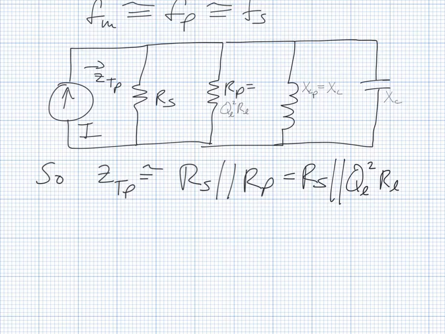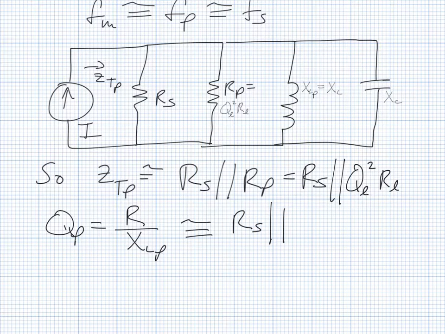That if you go back, the RL is that internal resistance of the inductor, whereas the QL is the quality factor of that inductor. All right, so then we know that QP is going to be R over the reactance of LP, which we're going to say is approximately equal to RS parallel with, what do we got here?